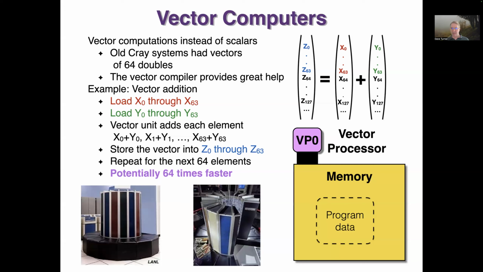So the goal of this is then to do things 64 times as fast. And the Cray vector system was good at doing that. The processors themselves were also very fast. They were made of gallium arsenide, which is faster than silicon.